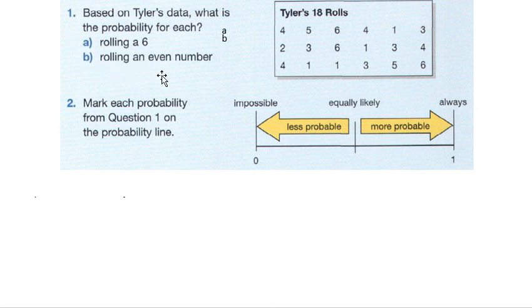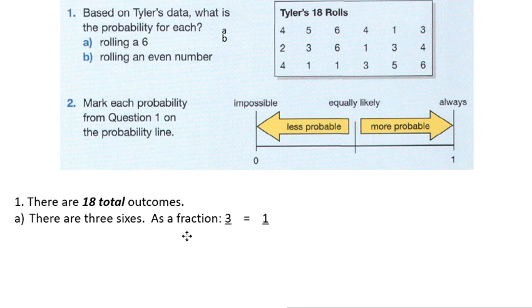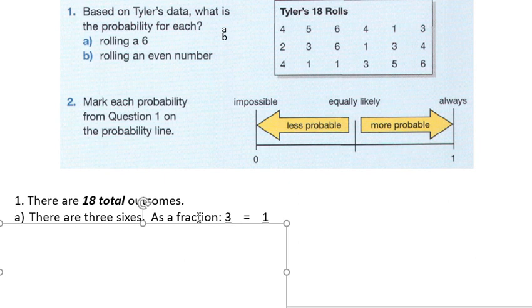For A, we can simply count the number of sixes we have here, and we need information for that as well. We know that there are 18 total outcomes. If we counted these all, there would be 18 of them. And because there are 18, if we write it as a fraction, our fraction is going to have a denominator of 18, which we have right here.